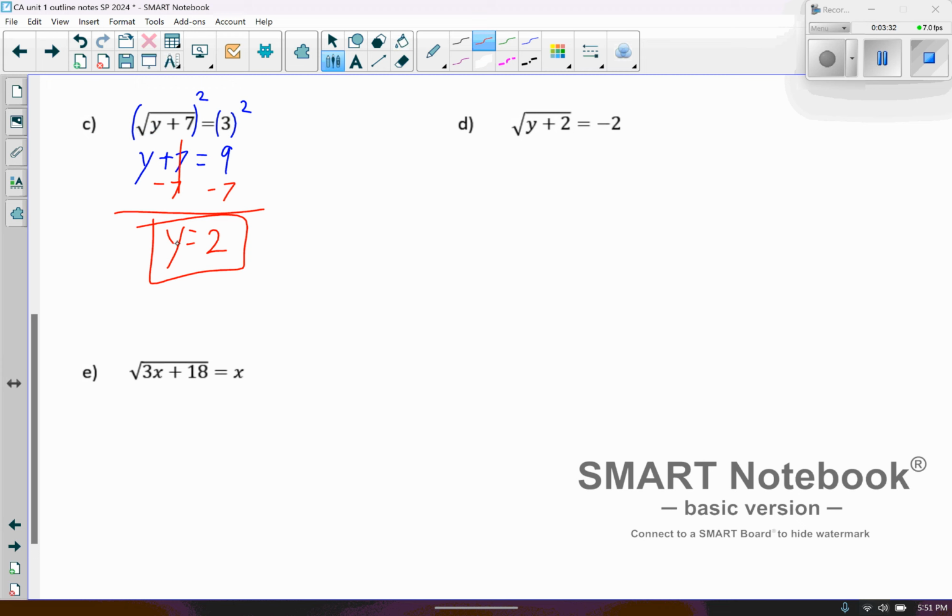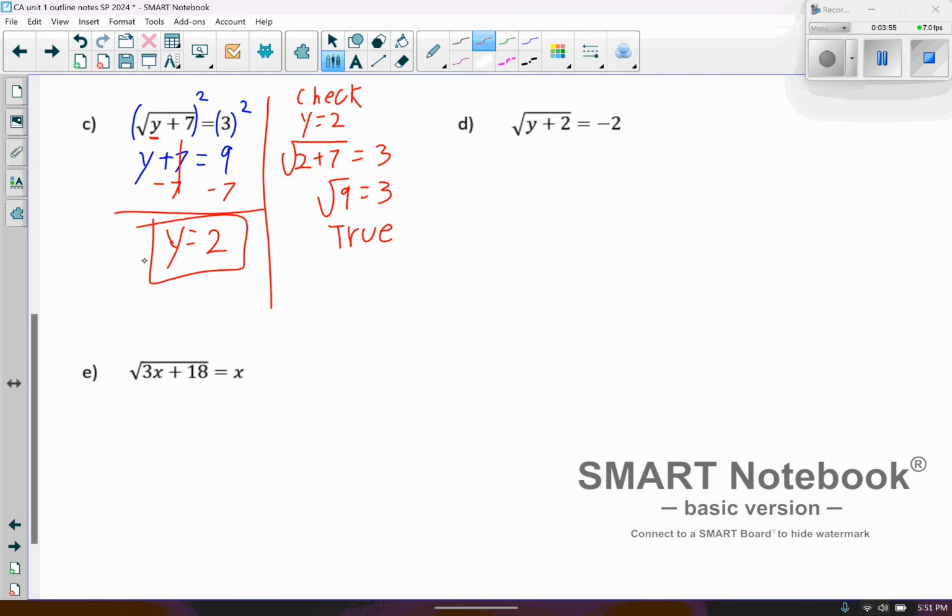This is pretty simple to plug in. We're going to check. We let y equal 2. So we'd have the square root of 2 plus 7 equals 3, which is the square root of 9 equals 3, which is true. So we can stop right there.